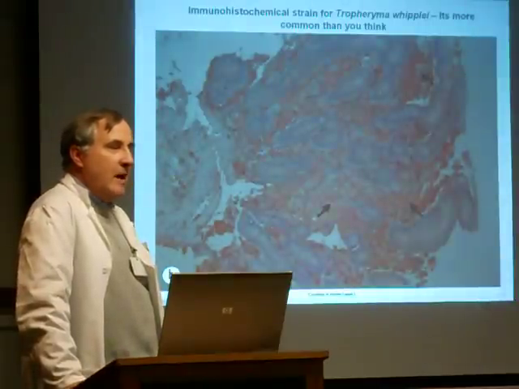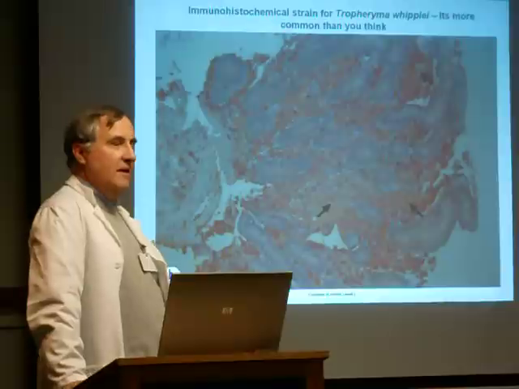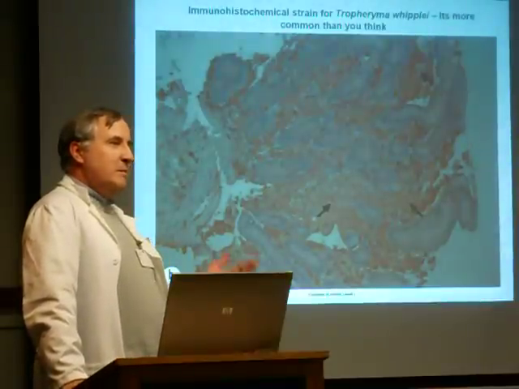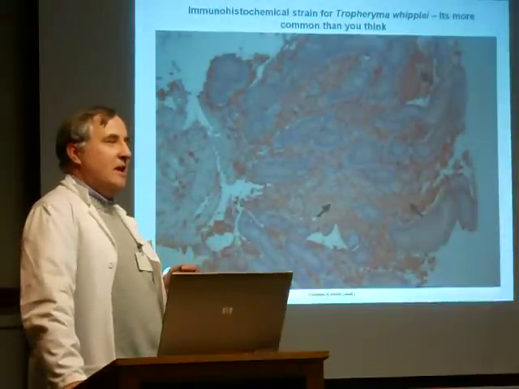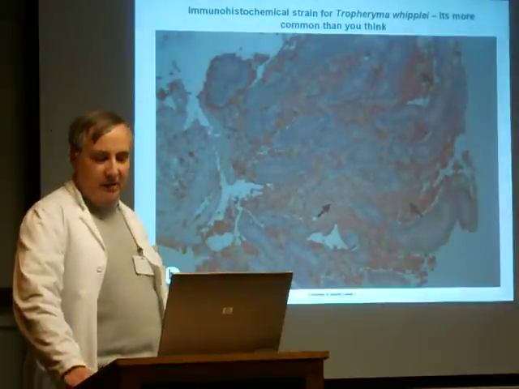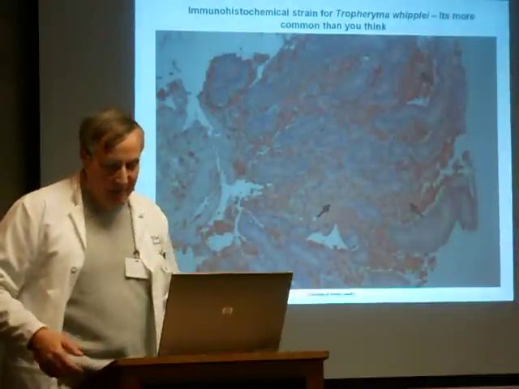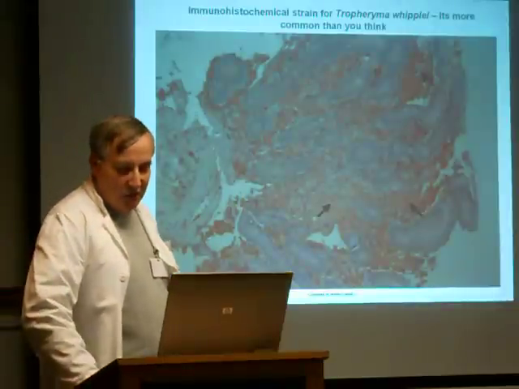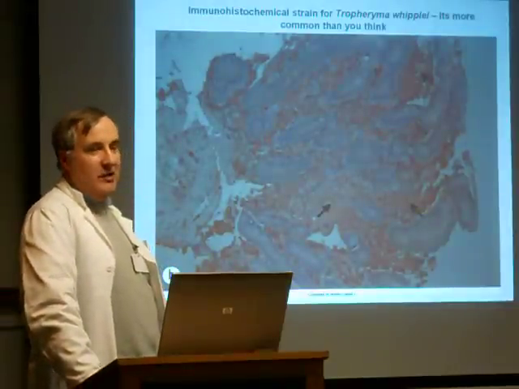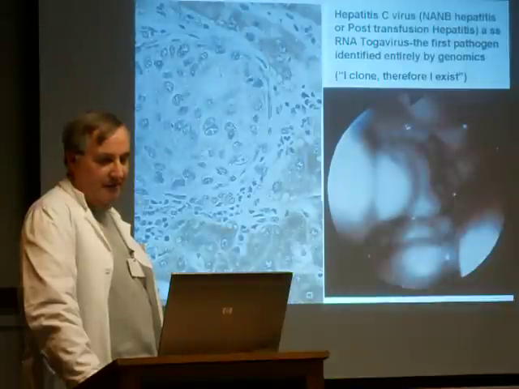So Whipple's disease is probably the cause of tropical sprue. It's also a fairly common cause of traveler's diarrhea. About 10 to 15% of cases of traveler's diarrhea from West Africa are due to Whipple's bacillus. So you don't wind up getting Whipple's disease, but you wind up getting infected with Tropheryma whipplei and having a short-term diarrheal illness. It can cause endocarditis. It's actually not such an uncommon organism now that we know about it.